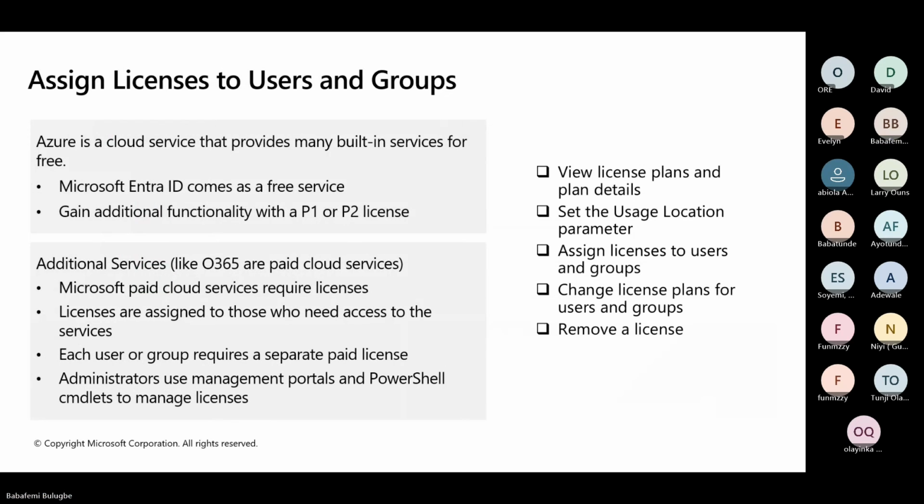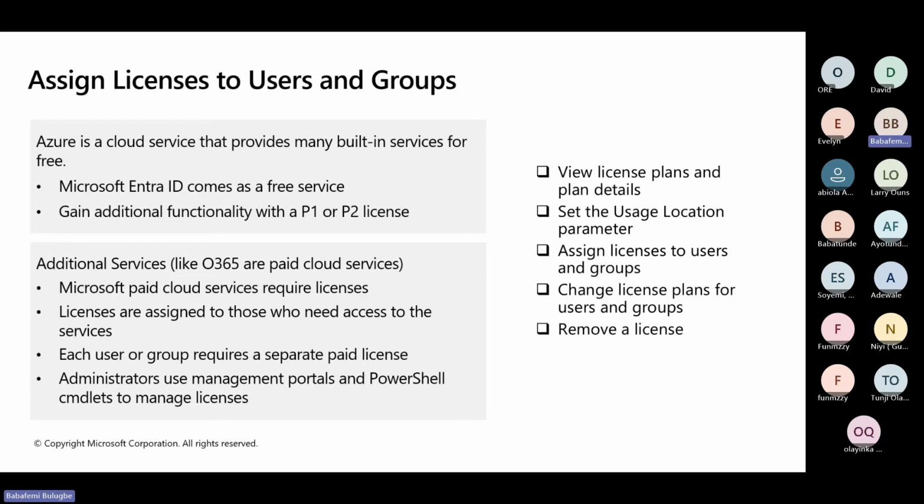Then we talked about licenses, and within those licenses, there are different features based on the license that resides in your organization. If you have a free edition, what you can do will be limited, as against when you have Premium P1 or Premium P2 assigned to your tenant.